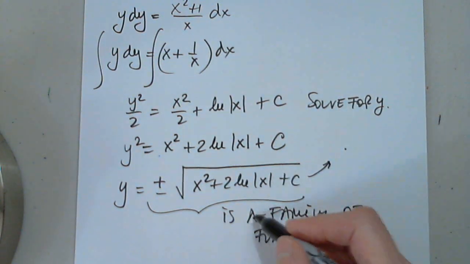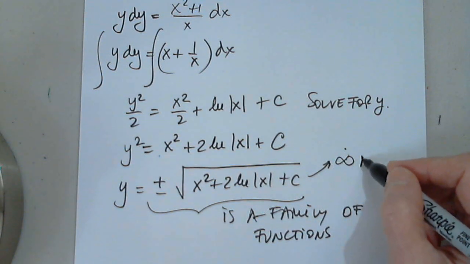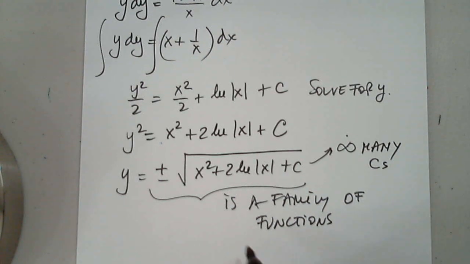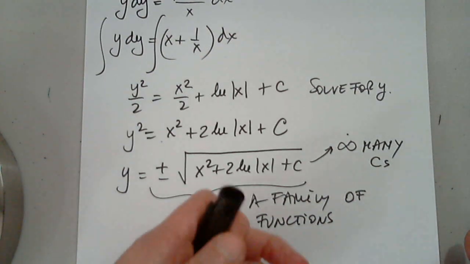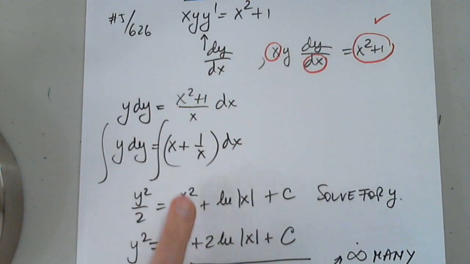But it is a family of functions, with infinitely many c's. That's why it's a family of functions. Let's take a look at another example. So we separate the variables and then we integrate. Good. Let's look at number 9.